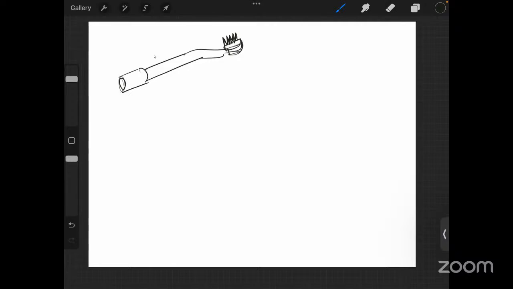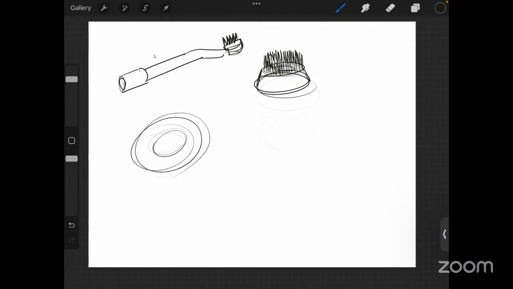This is going to be a rotating head, and then maybe taking another angle of it. Rotating head with all the bristles over here.